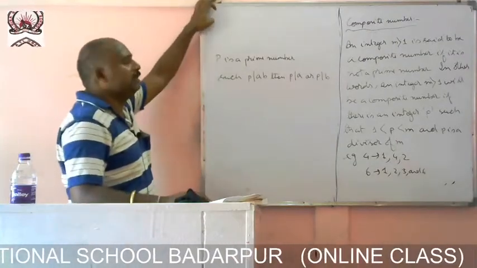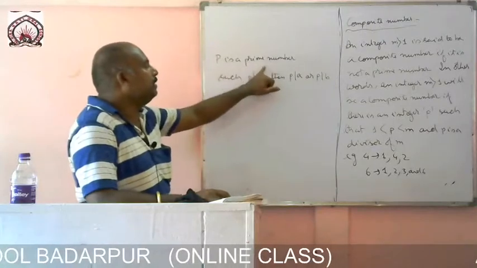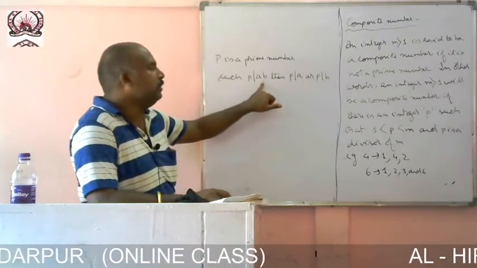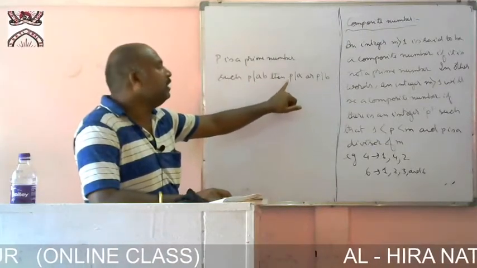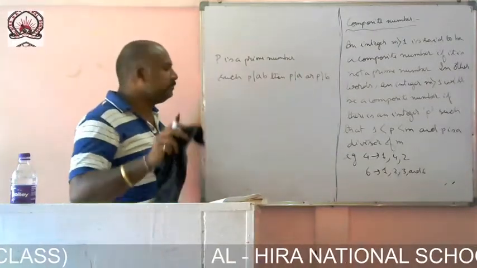Clear? This is Theorem 9. If p is a prime number and p divides a into b, then p divides a or p divides b.